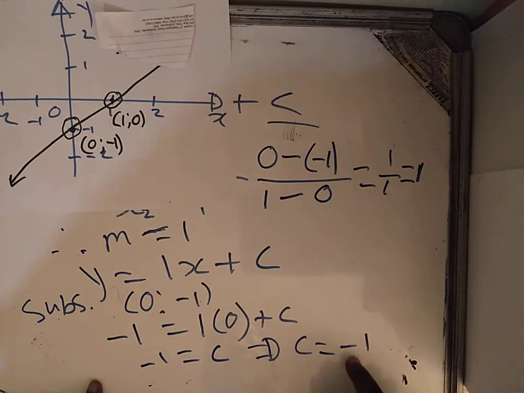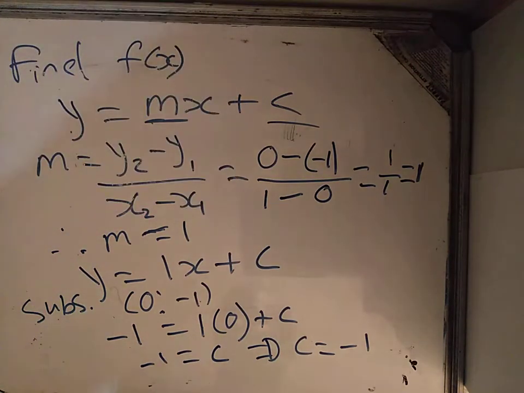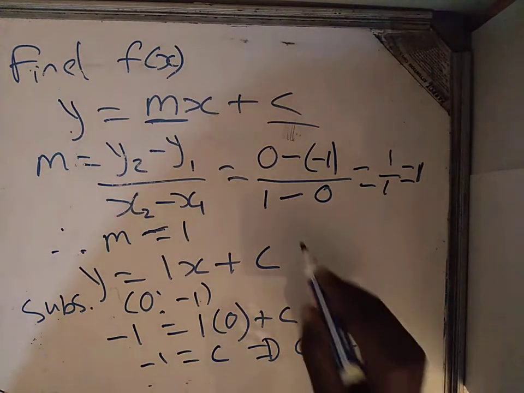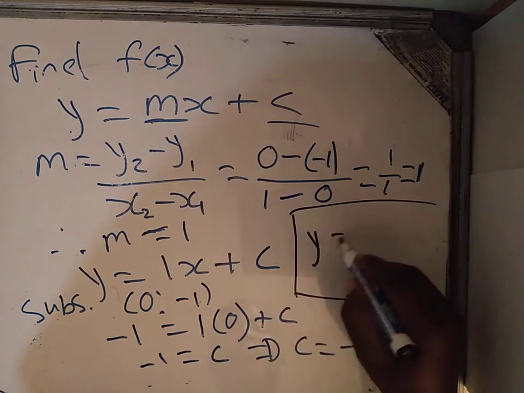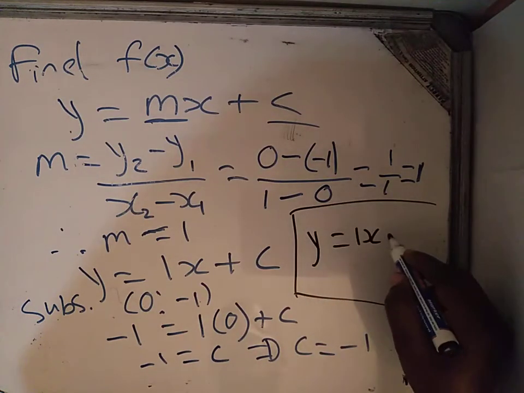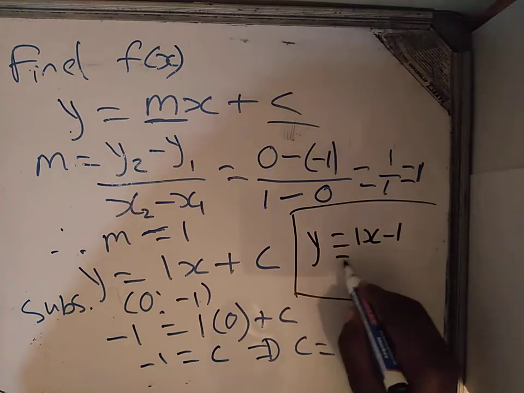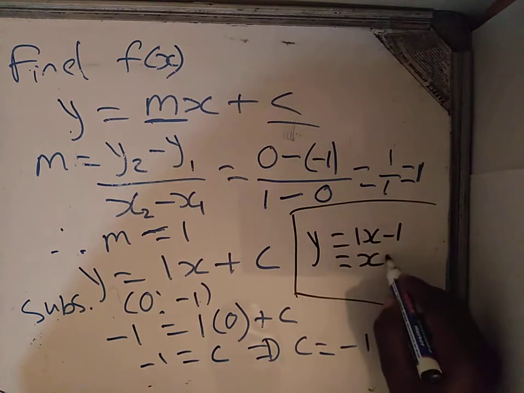So we then take the c and substitute it here. So what is our overall equation? Our overall equation, I'm going to put it here. So we got y is equal to 1x minus 1, which is the same as x minus 1.